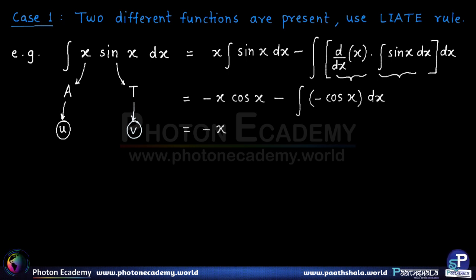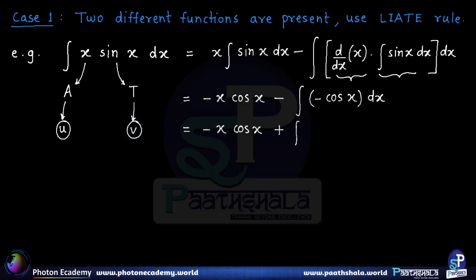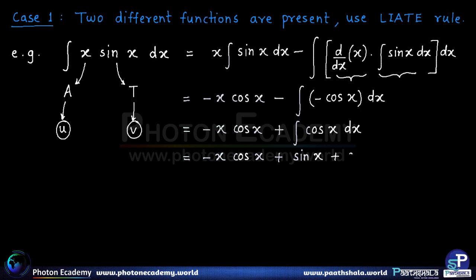Bringing the minus sign outside it becomes plus, and we have to integrate just cos x. So finally we get minus x cos x plus the integral of cos, which is sin x, so we have sin x plus c. That is the answer, right?